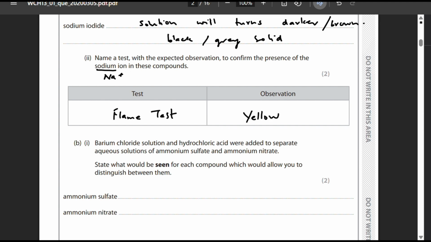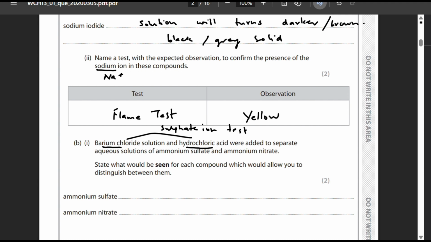Now barium chloride solution and hydrochloric acid were added to separate aqueous solutions of ammonium sulfate and ammonium nitrate. You know that barium chloride and hydrochloric acid are the reagents used to test for the presence of sulfate ions. So this is the sulfate ion test.